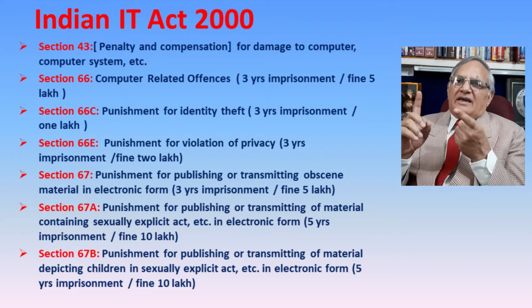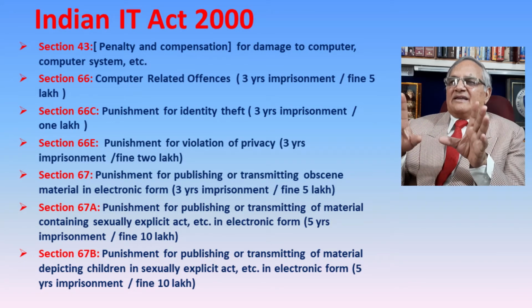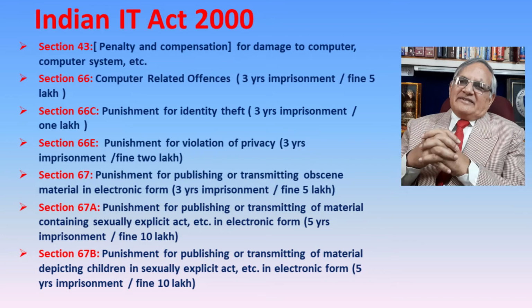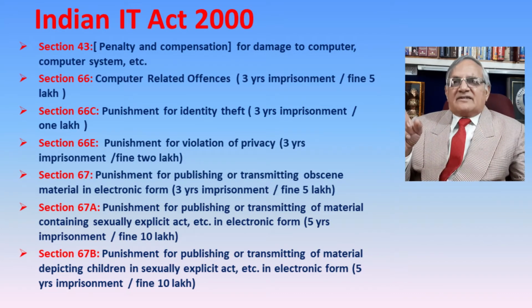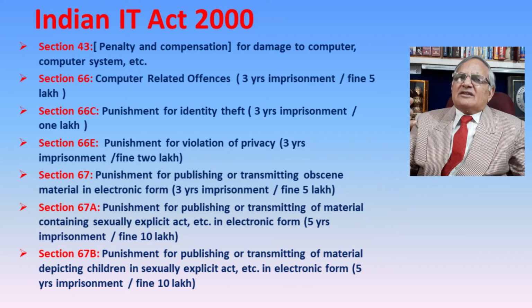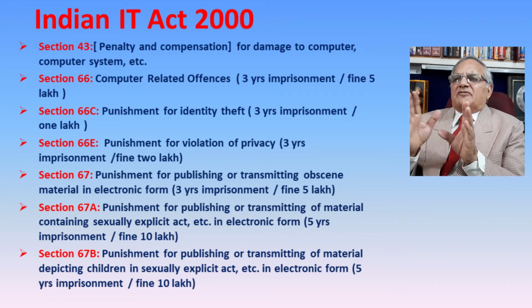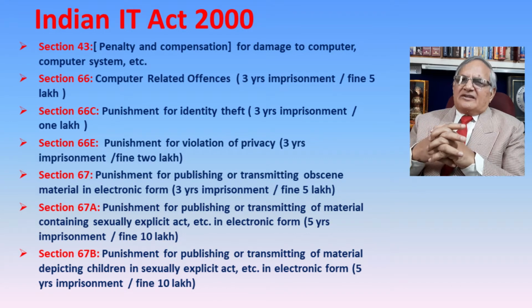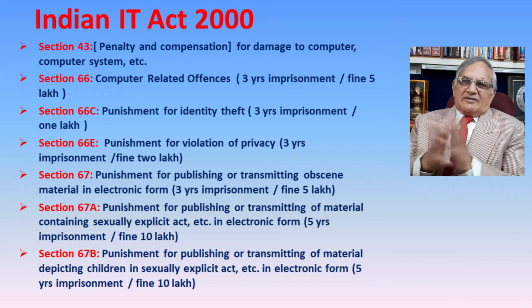Now if the culprit publishes or transmits obscene material containing sexually explicit content in electronic form, the offense is punishable under section 67A. In 67 it was 3 years; it is 5 years and a fine up to 10 lakh rupees on first conviction, and on subsequent conviction the imprisonment is 7 years and the fine is up to 10 lakh rupees.